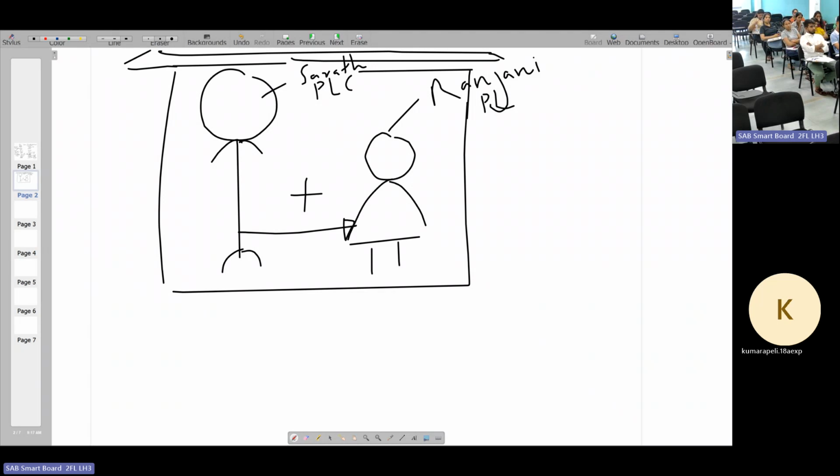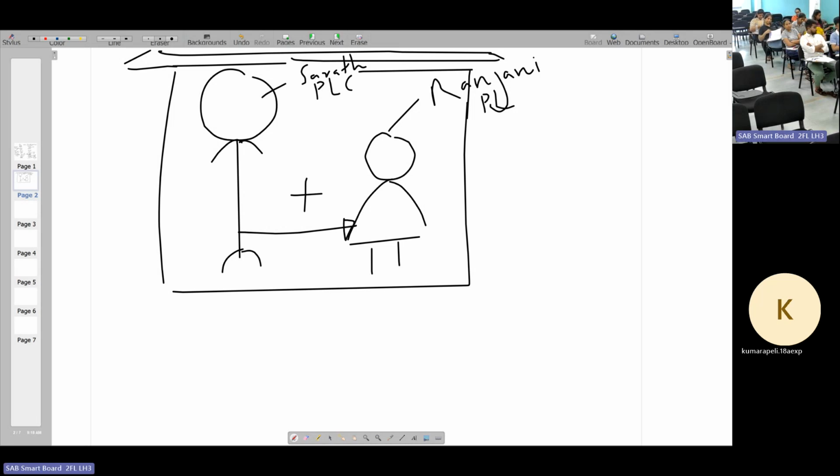So SLFRS 3 is equivalent to what? SLFRS 3 is like marriage.